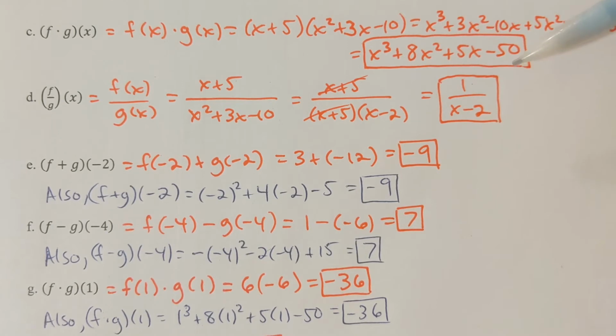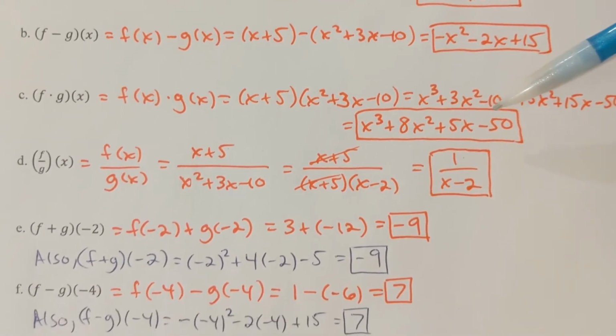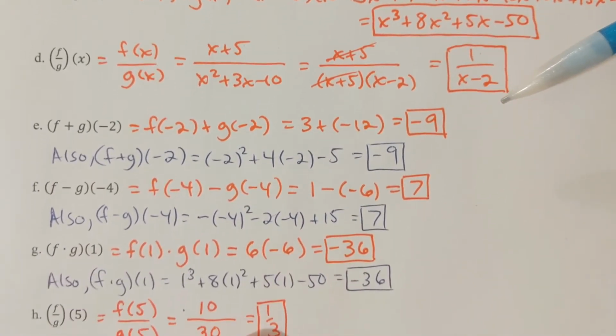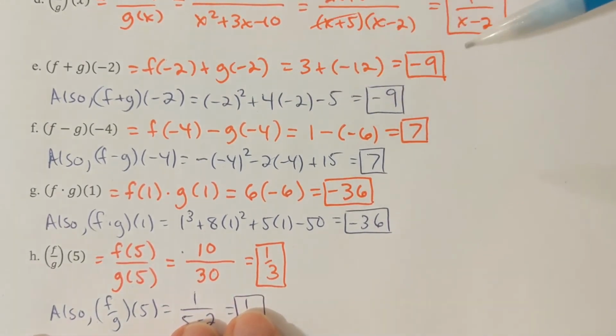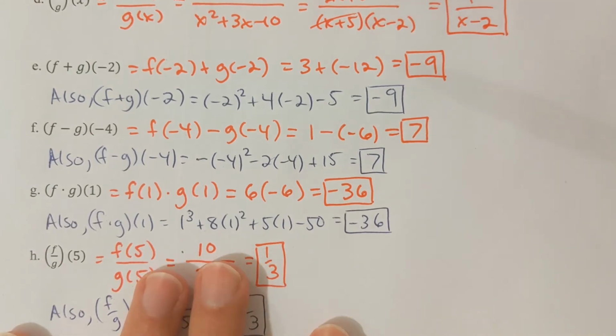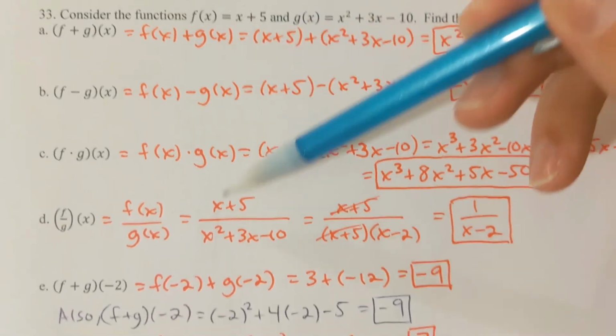All right, so I've been able to find some general formulas here for the sum, difference, product, and quotient functions. Now, like any other function, I can plug in numbers and I get input and output values. So if I want to find f plus g of negative 2, just like what it was for x, you take f of x plus g of x, you can do the same thing here.